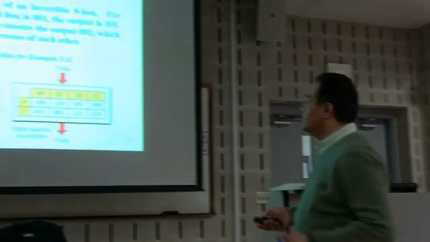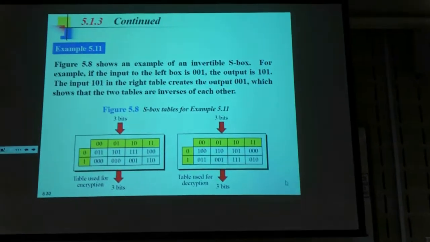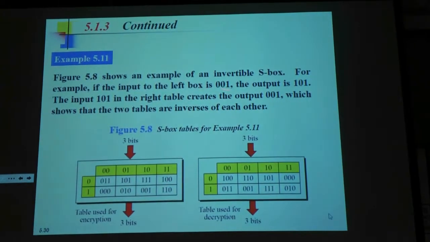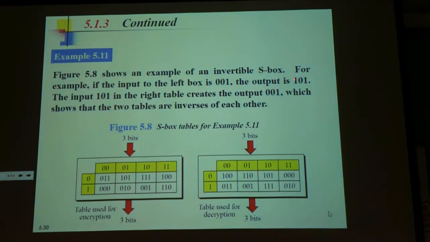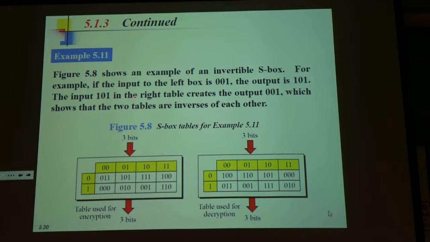Let's take a look at this example. It shows an example of an invertible S-box. For example, if the input to the left box is 0, 0, 1, what is 0, 0, 1? Here, 0, 0, 1 gives 1, 0, 1, right? So the output is 1, 0, 1 here.